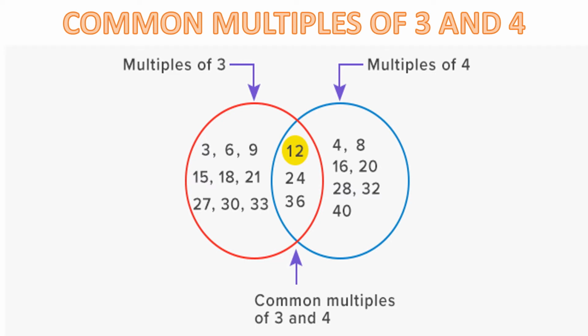If you observe, the multiples common to 3 and 4 are written together in the common place. So the common multiples of 3 and 4 are 12, 24 and 36. These are the common multiples of 3 and 4.